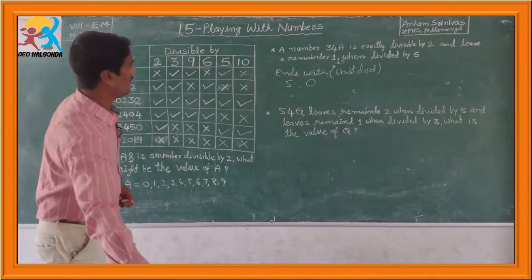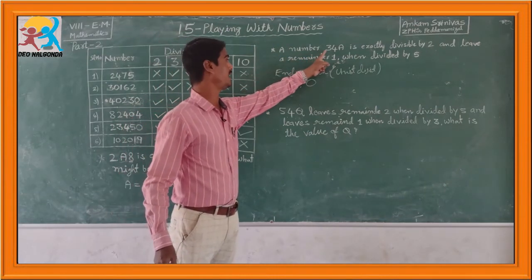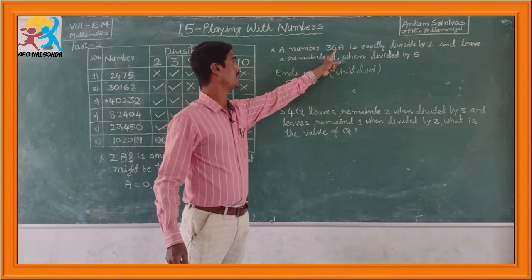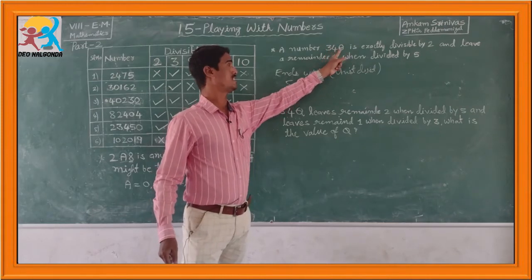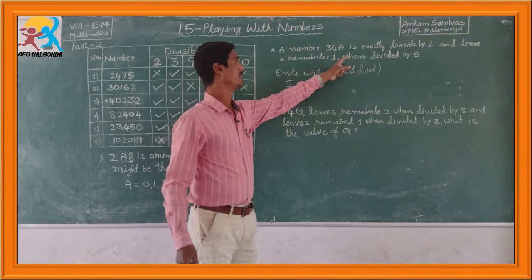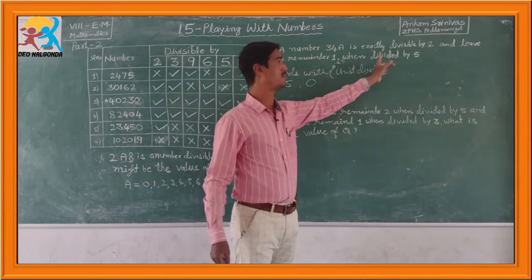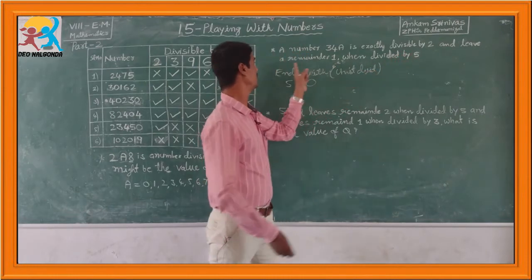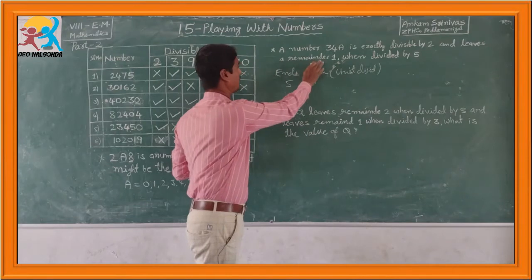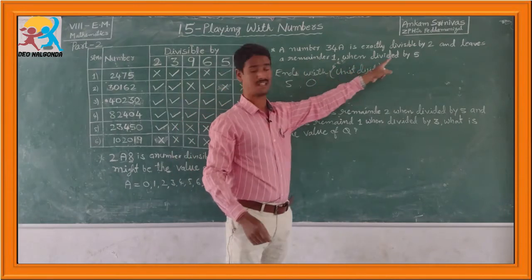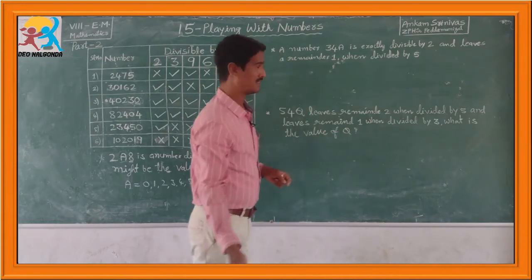Now children, another question. A number 34A, this is a 3-digit number, is exactly divisible by 2 and leaves a remainder 1 when divided by 5. So take the given number.